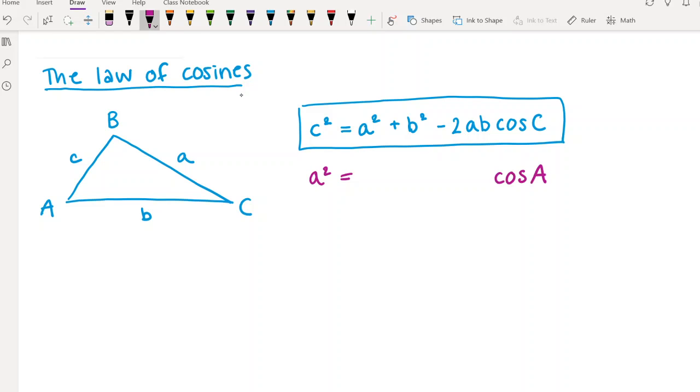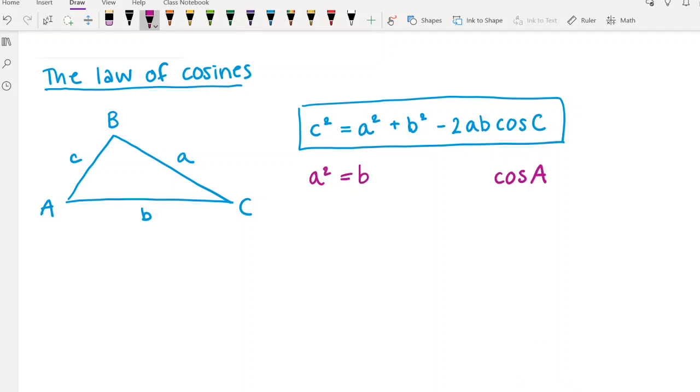The way that I like to remember this formula is that whatever angle you're taking cosine of, you have the side across from that angle squared on the other side of the equation. Here we have cosine of C and C squared. So from the perspective of angle A, you would have cosine of A and A squared, and everything else is just the other letters you didn't already use.